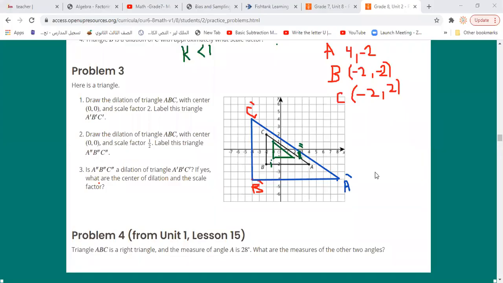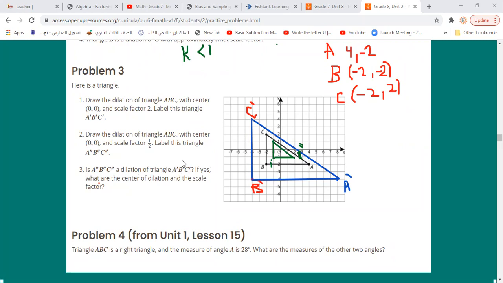The scale factor will be 1/4. Then the question said A double prime, B double prime, C double prime, right? Which means we are talking about the smaller one, the green triangle. Dilate of triangle A prime, B prime, C prime.